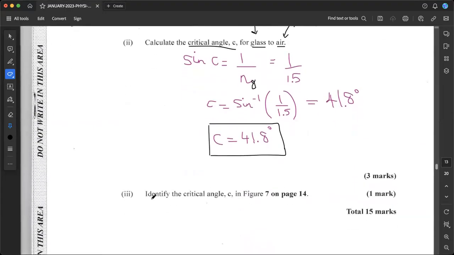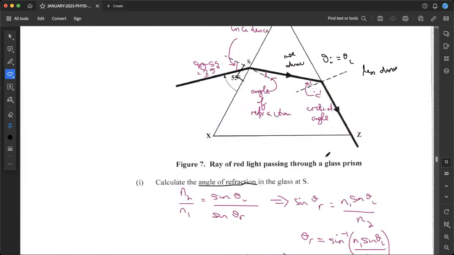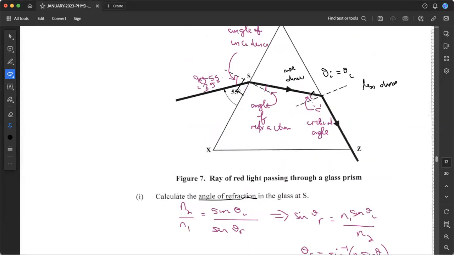So thirdly and finally, they're asking us to identify the critical angle in figure 7. So let's go back up. We had identified it before, and we said that it's this angle here. It's the angle that this incident ray, incident at this point, forms between the normal and the incident ray.